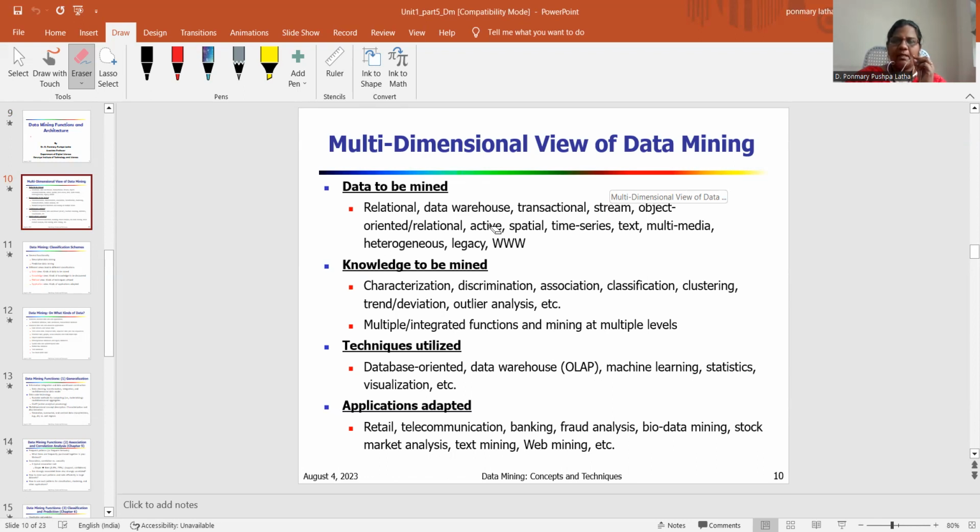Then the knowledge to be mined: whether characterization, discrimination, association between two attributes, classification or clustering, or whether you are going to analyze the trend or outlier. All these things we are going to fix first of all.